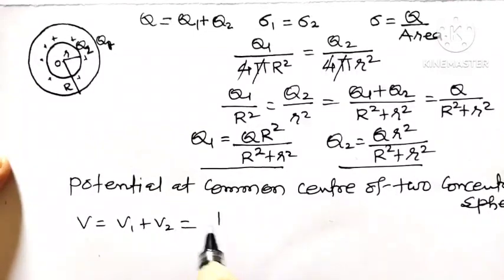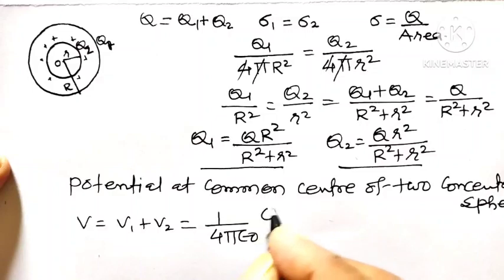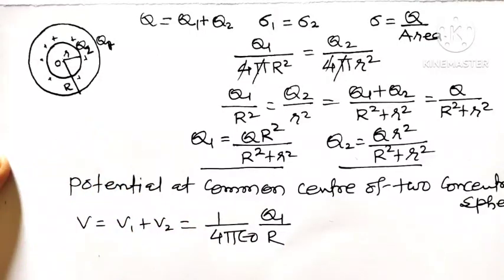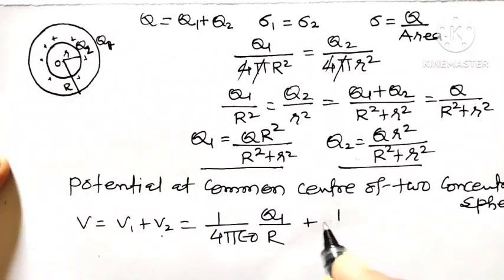V1 is the potential due to the outer sphere: 1 upon 4 pi epsilon 0 into Q1 divided by R, because the center lies at a distance capital R from the surface of the outer sphere. Plus V2, the potential due to the smaller sphere, which is again 1 upon 4 pi epsilon 0.